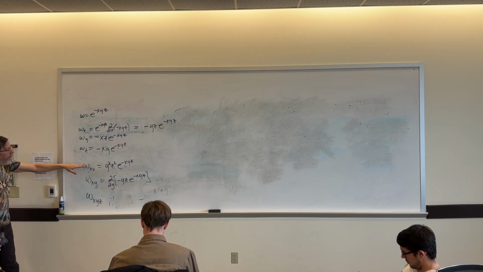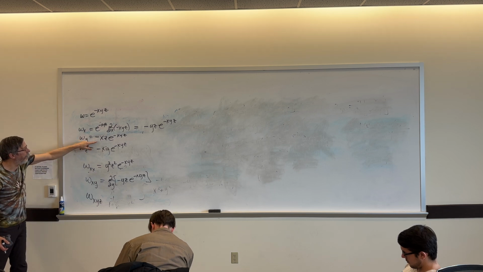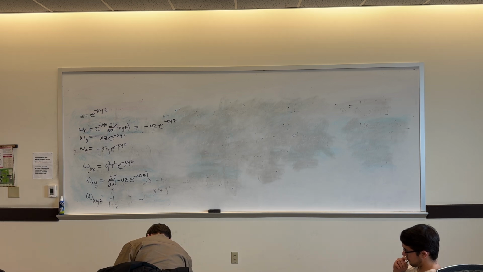But remember, you've already got the derivative of e to the negative xyz with respect to y. You've already done some of the work. You can just snag that, pop it in. Keep lots of parentheses. They suck in programming languages, but they're pretty helpful in complicated computation.